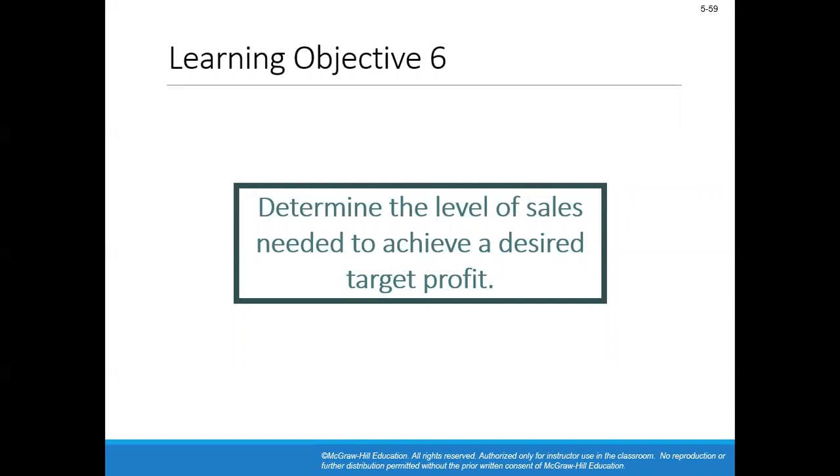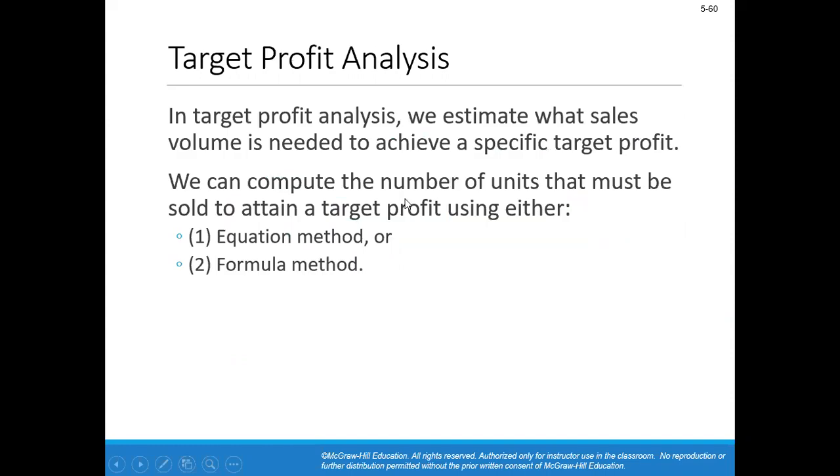We'll be adjusting our existing equation or replacing our formula for the purpose of getting the sales quantity or sales dollars to get the desired target profit. The procedure is mostly similar to what we did in the previous class. So we can solve the question using either the equation method or the formula method.